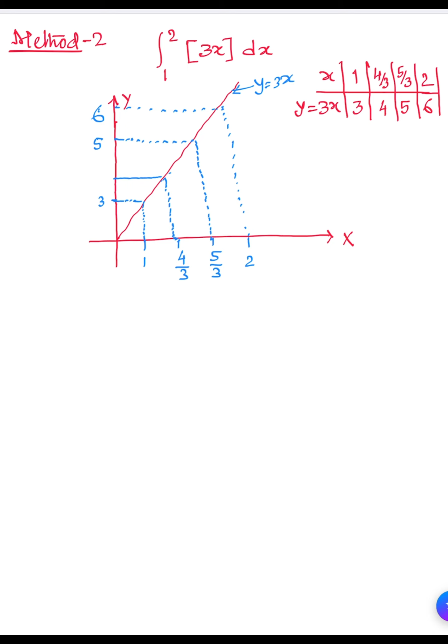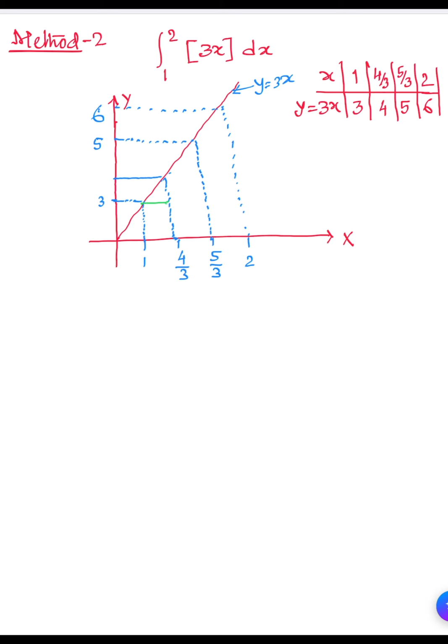Now we know that the greatest integer function is always discontinuous at integer points, and it is continuous just before the integer points. So when x moves from 1 to 4 by 3, 3x varies from 3 up to just below 4. That's why the value of the greatest integer of 3x is only 3.